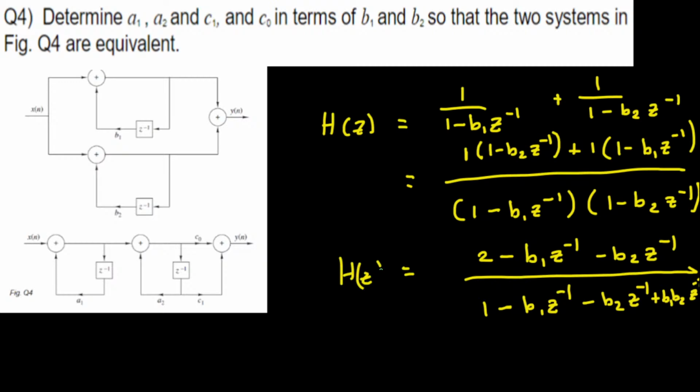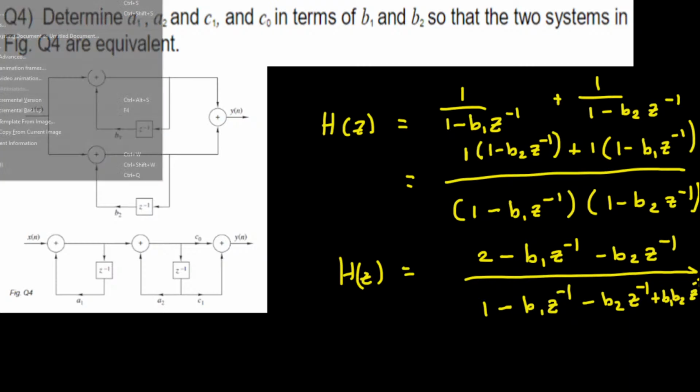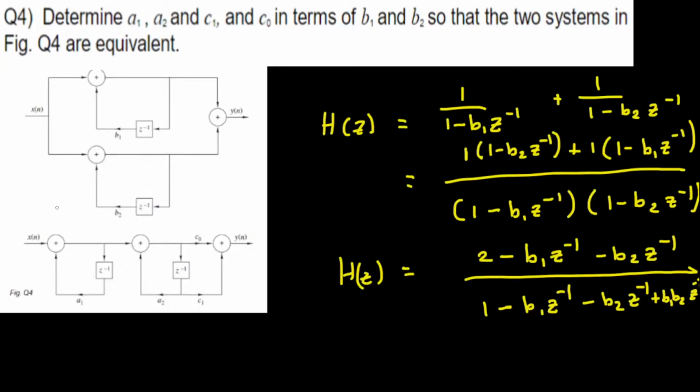Now the next thing is we have to derive the equation from the second diagram right here. In the second diagram, we have one loop here and another loop here. If you look at loop 1, we have a1 and z power minus 1. And if you look at loop 2, we have a2 and z power minus 1.